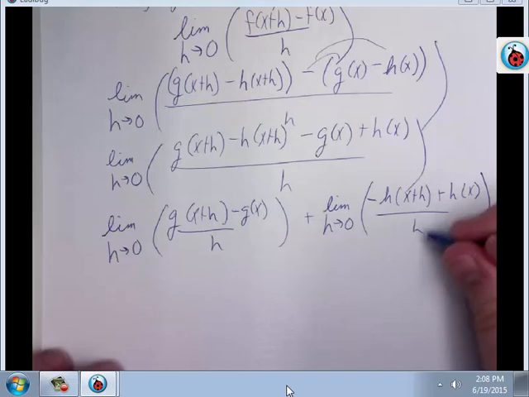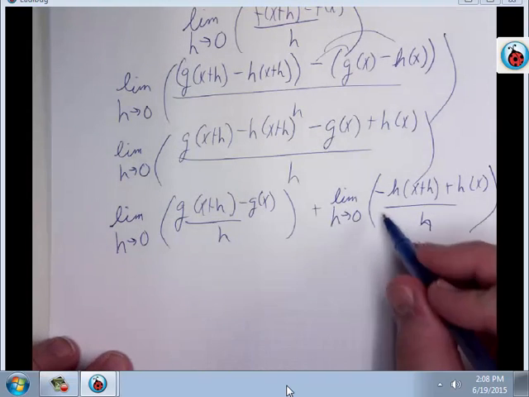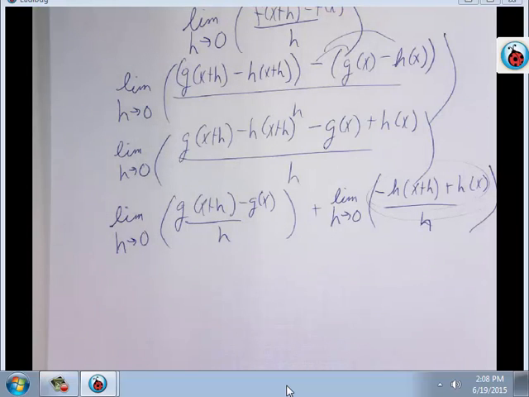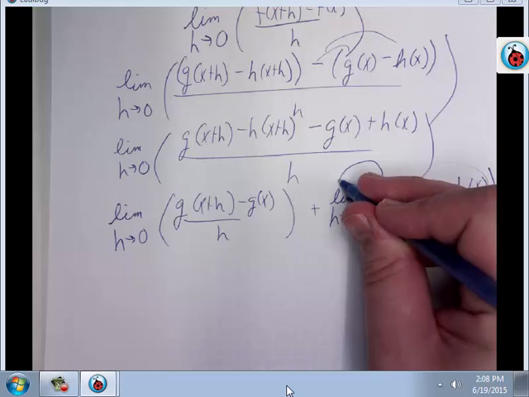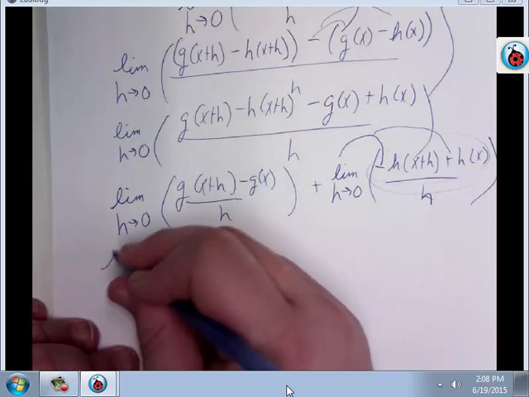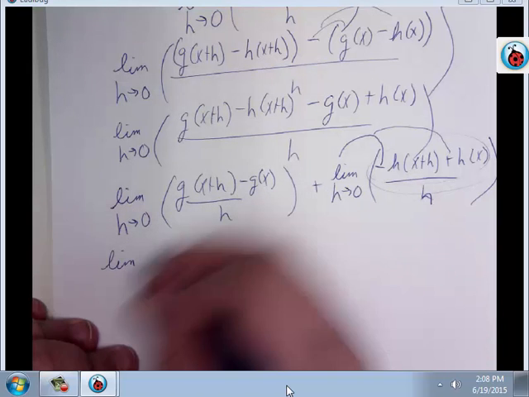I'll make that a little bit neater. The problem is we don't have a rule for this side. So what I'm going to do is factor out that negative sign. So if I factor out a negative sign, this part stays the same.